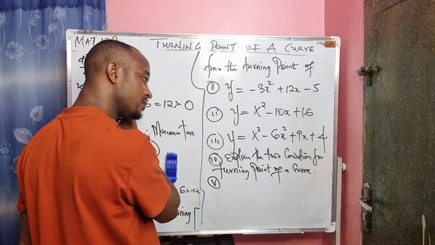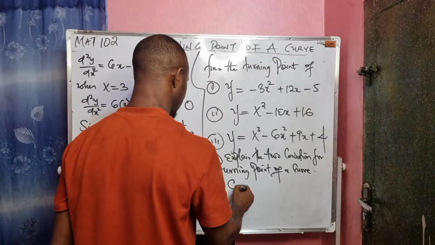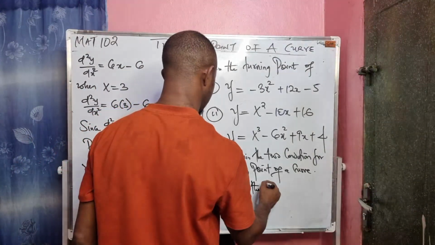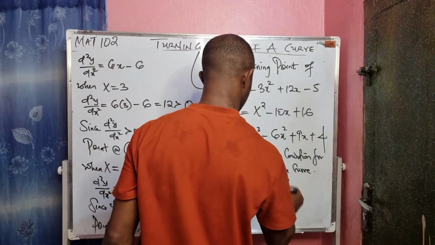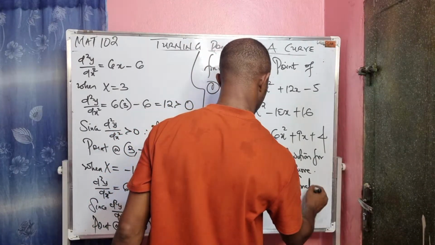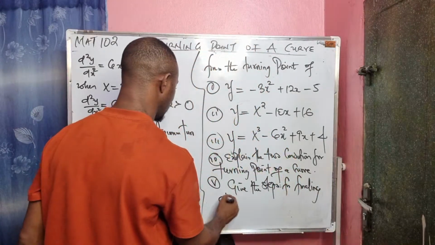Number 5: give the steps for finding the turning point of a curve.